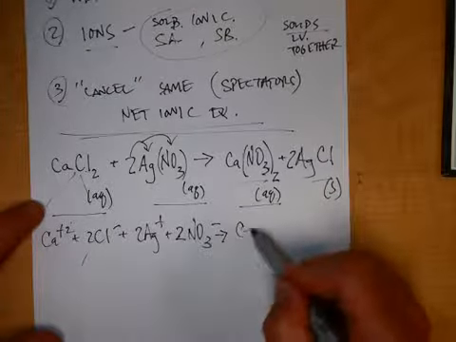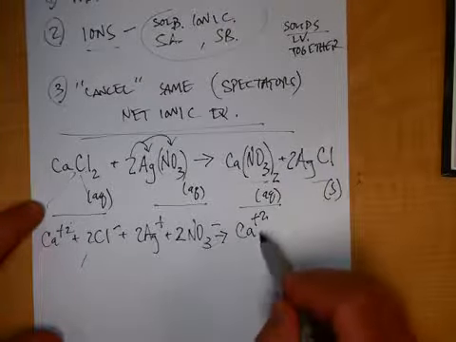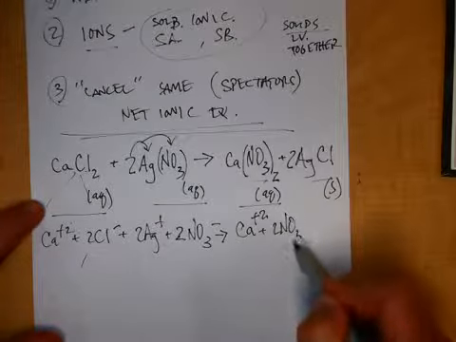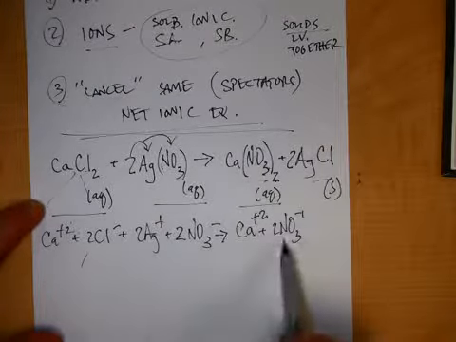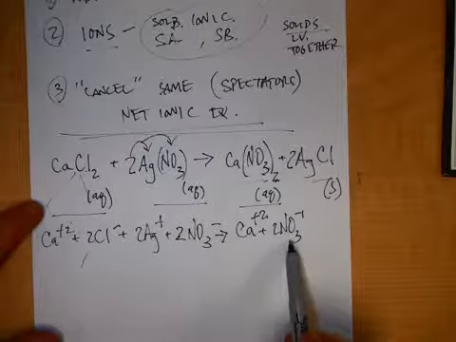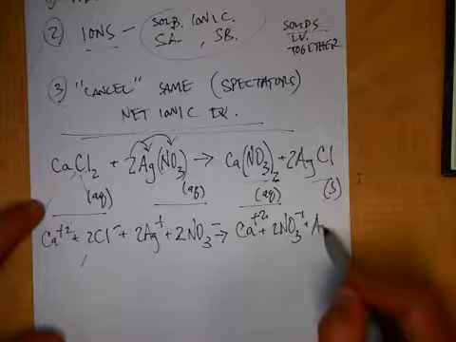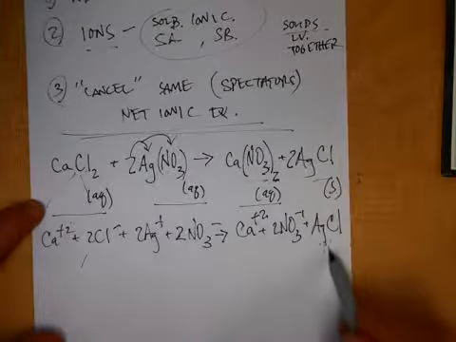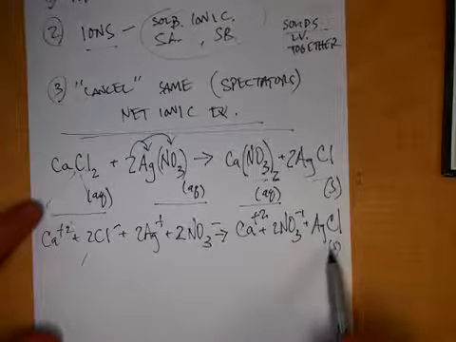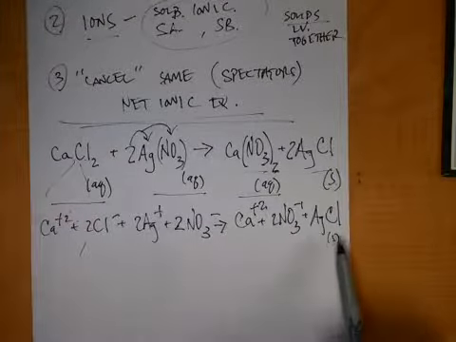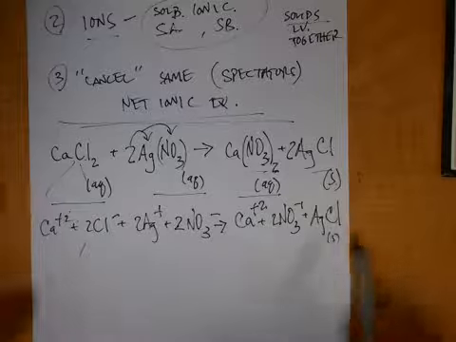Calcium nitrate, once again soluble, and 2 of the NO3s. Notice how the 2 came out front here because it was 2 of those nitrate ions. And then the silver chloride remains together because that's a solid and a precipitate, and never split a solid or a pure liquid or a gas.